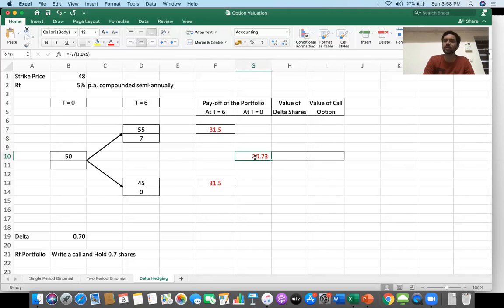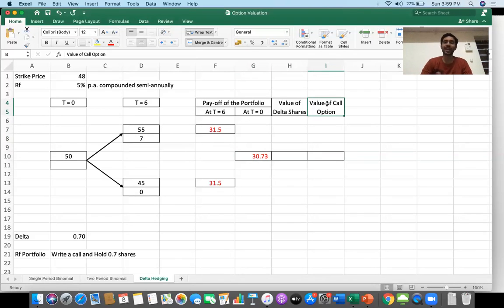Now, this 30.73 of cash outflow should be equal to the net cash outflow that you would incur for buying the components of the portfolio, meaning the delta shares and a call option. But remember, we have written a call option. We have not bought a call option. If you had bought a call option, you would have a cash outflow.